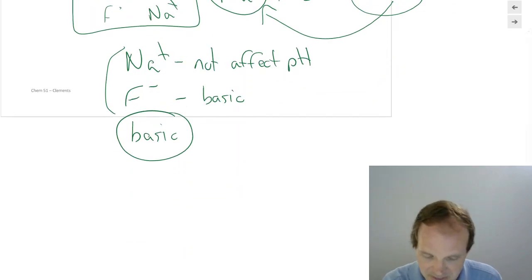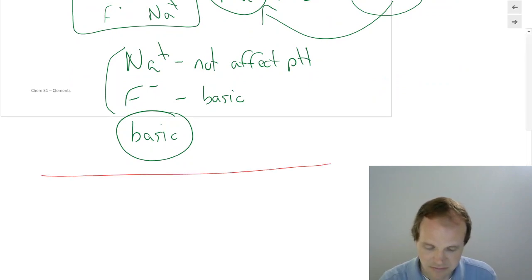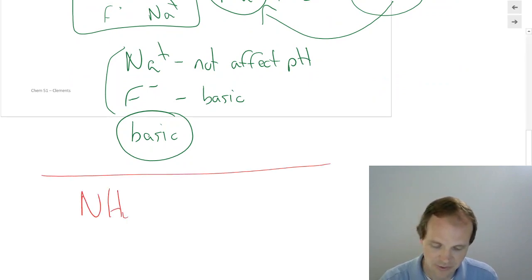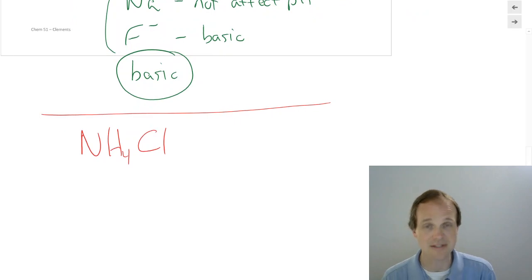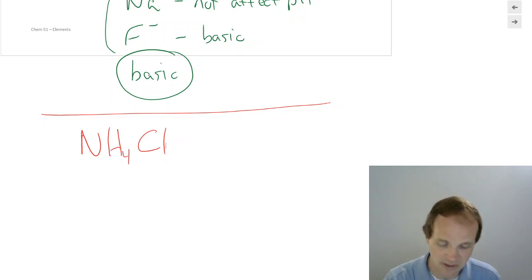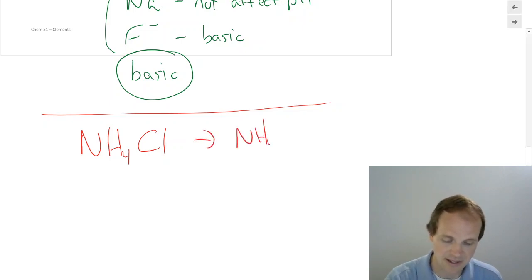So let's take another example. NH4Cl. And this is also where knowing those solubility rules that you learned in first semester general chemistry is really useful. To know that chloride salts are generally soluble, to know that ammonium salts are always soluble in water, means that this will dissociate into NH4+ and Cl- in solution.